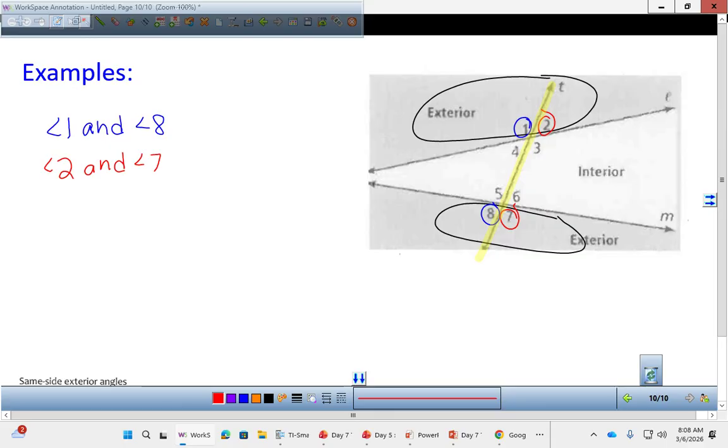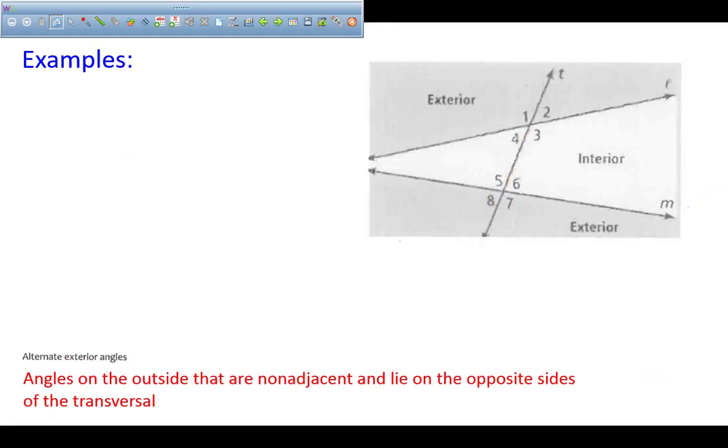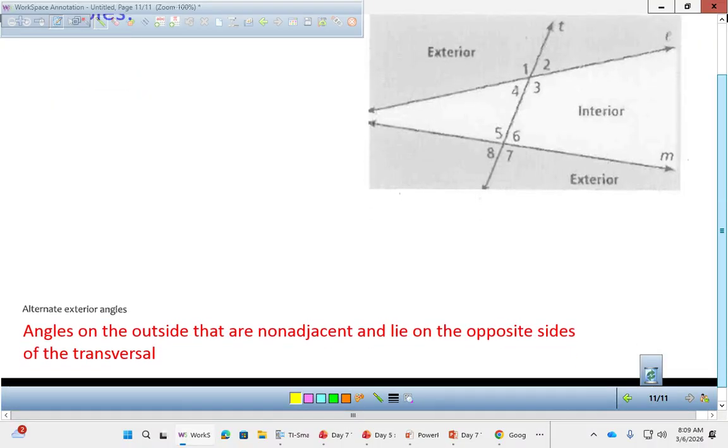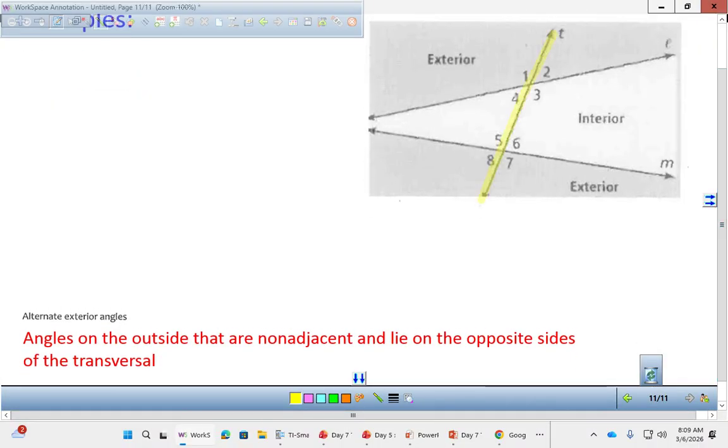You okay with that? Last one, same definition. We're just changing the word interior to exterior. The definition itself is the same. I'm just looking at a different part of the picture. Remember, the only tricky part to this definition is the fact that they are non-adjacent.